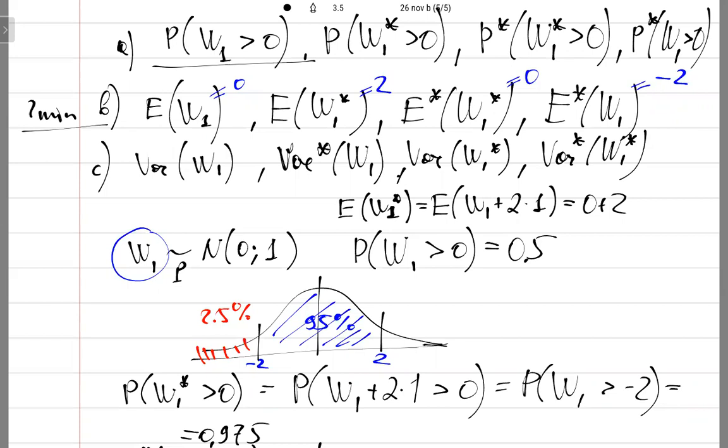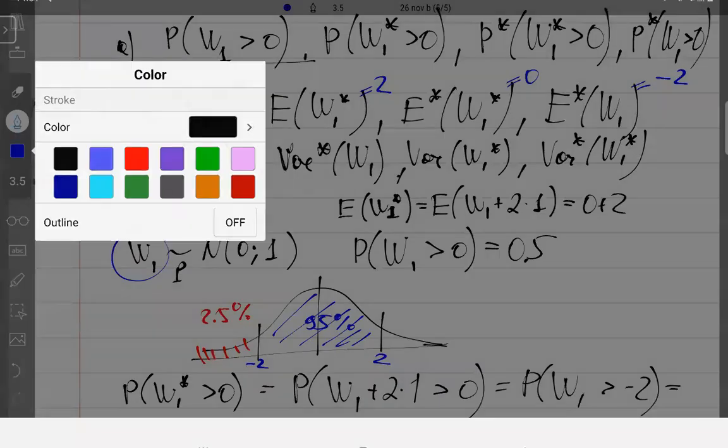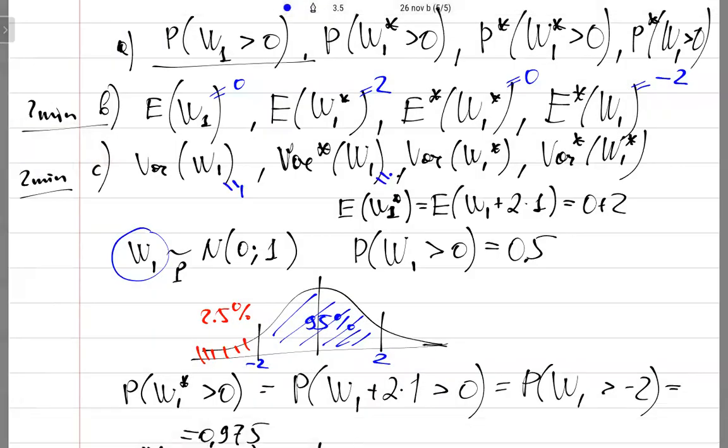Okay, and the last with variance, 2 minutes for you. Can I give an answer? Yeah. It's only once for every term. Yeah, it's 1, 1, 1, 1. I agree.